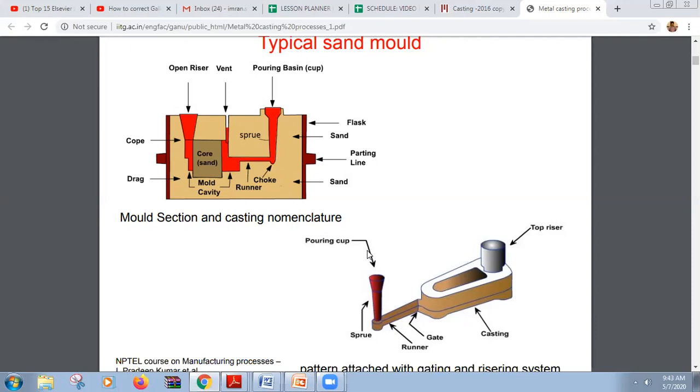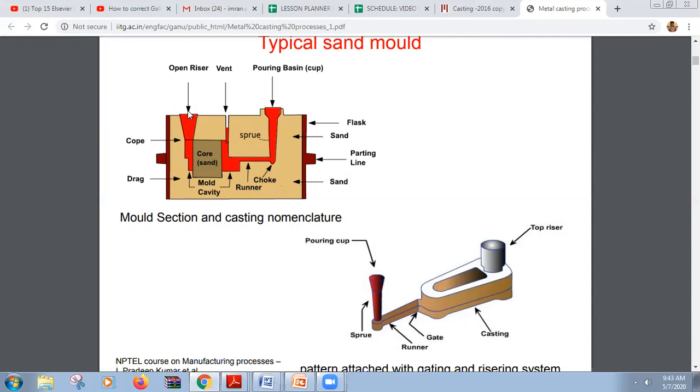So on the molding sand we put the pattern, and then we keep the cope over it, and then we align it by locking the locating pins. So this top portion and lower portion of the molding flask, cope and drag, is perfectly aligned. Then the pattern is kept.